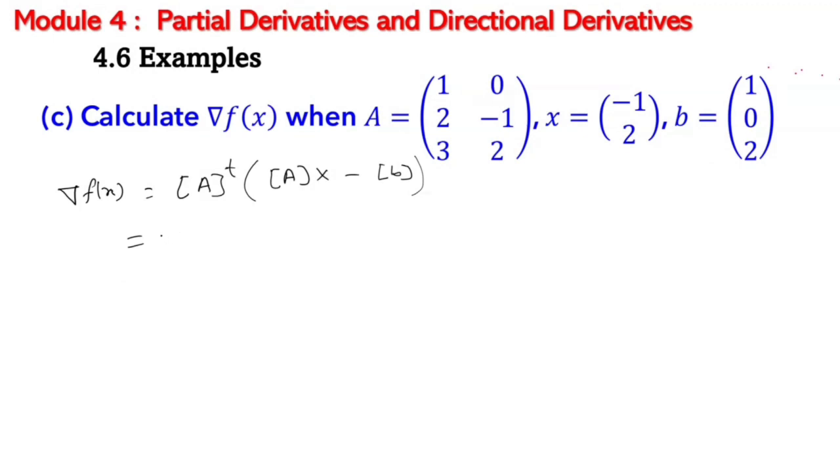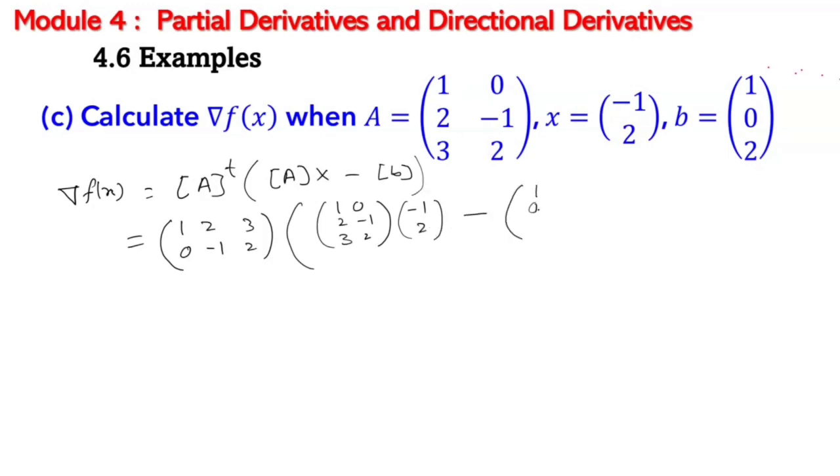A transpose in this case will be 1 2 3 and 0 minus 1 2, and then matrix A x operating on 1 0 2 minus 1 3 2, operating on minus 1 2, minus the B matrix 1 0 2. So this is equal to 1 2 3, 0 minus 1 2, and then simplify it.